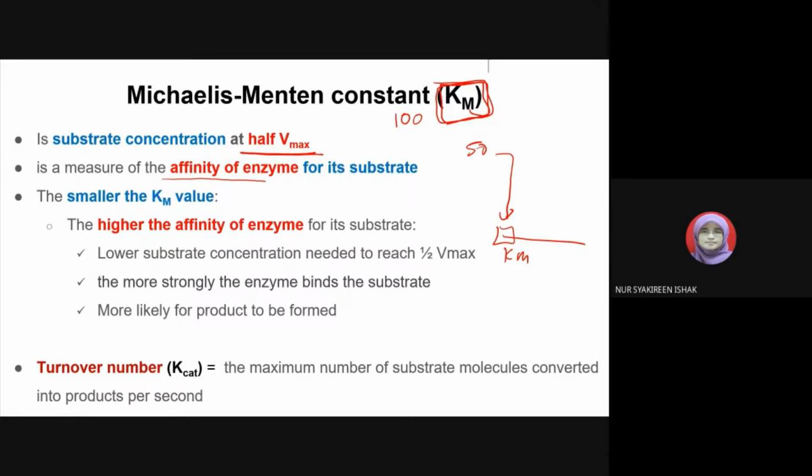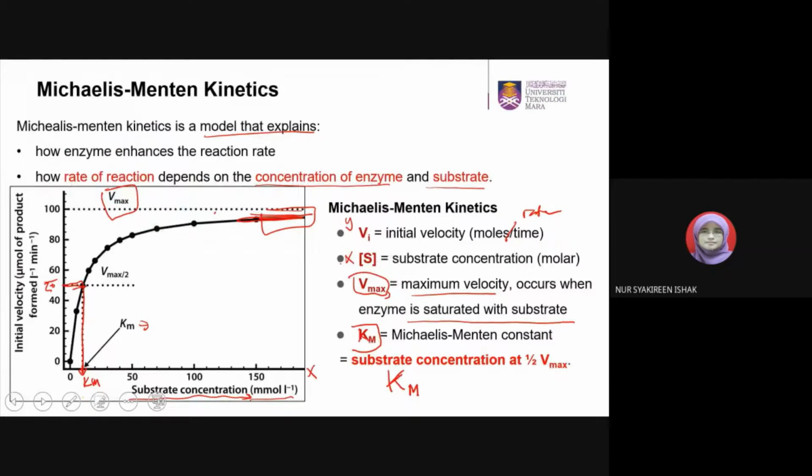So the smaller the Km value, the higher the affinity of the enzyme for its substrate. As we saw in the graph earlier, the Km value was 10. It means you only require a very small amount of substrate so that the substrate can quickly react with the enzyme. So the substrate will have higher affinity for the enzyme.